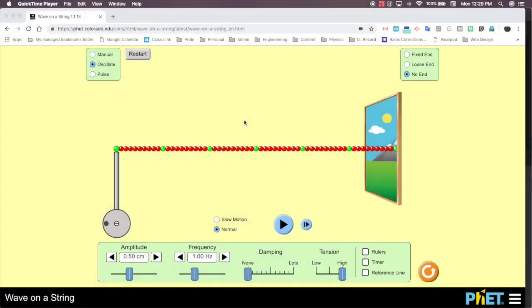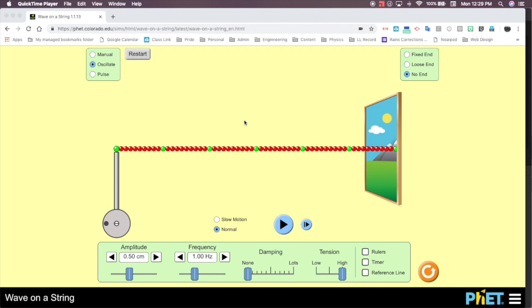Okay, now I would like you to connect the relationship between period, the amount of time it takes to go one complete cycle, and frequency, the cycles of a wavelength per second. When we're talking about these things, we have to understand that frequency is cycles per second.